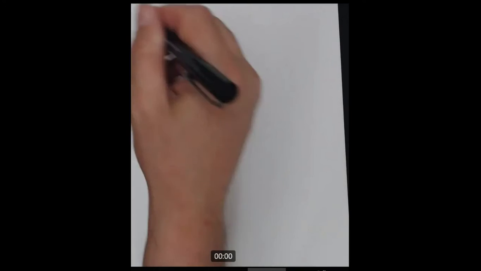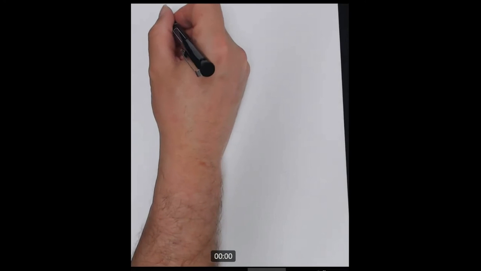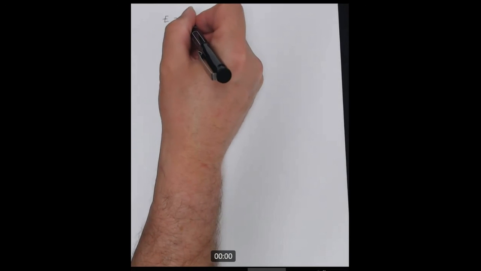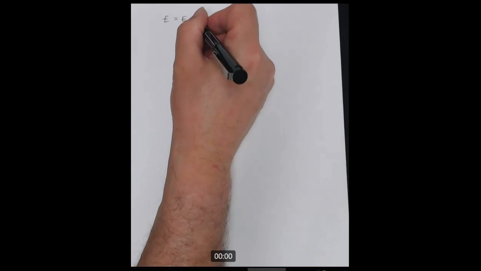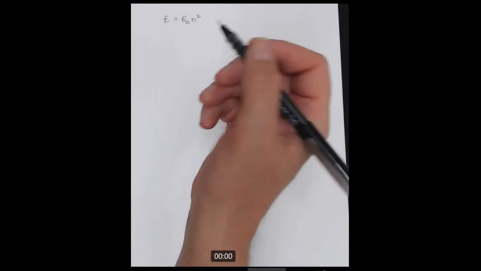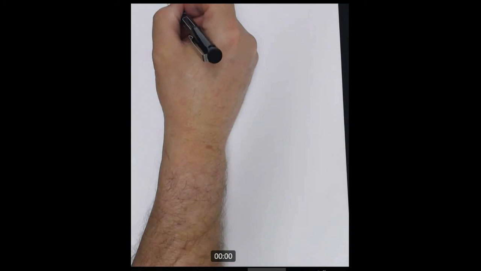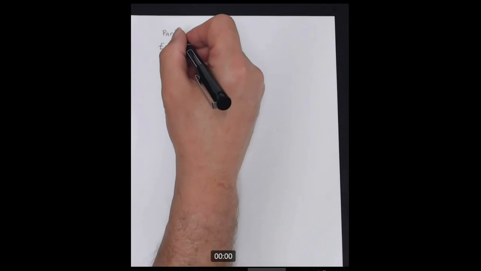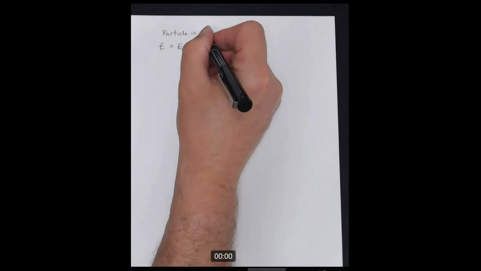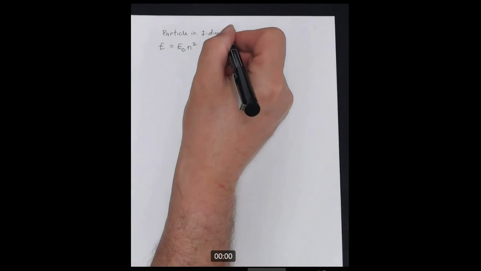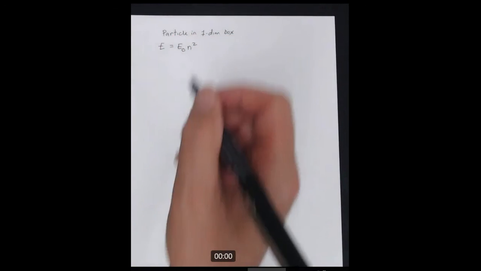So for the particle in the box, the energy is equal to some constant, I'll call E naught, n squared. One-dimensional case, particle in the box, with infinite sides.